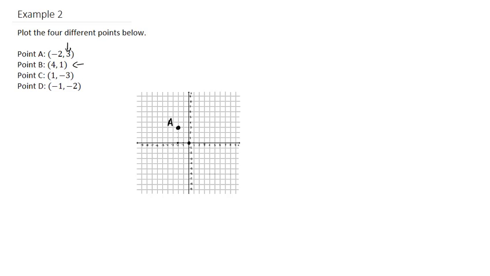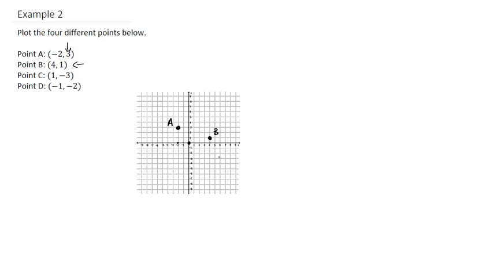So we go 1, 2, 3, 4. Next is 1, and it's positive. So we need to go up 1 on the y. And then we can go ahead and place our dot right there to show that it's been 4 over and 1 up, which is our point B.